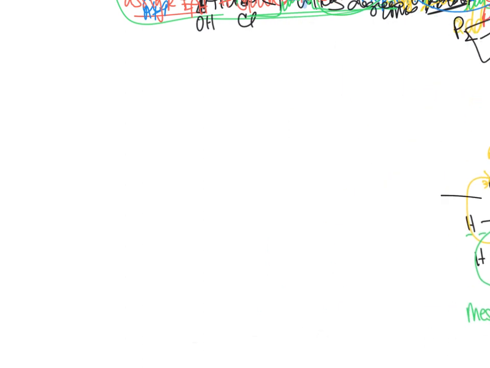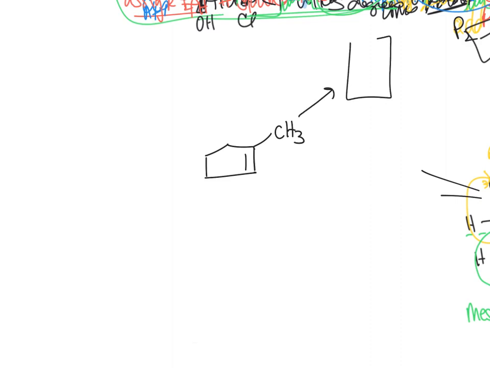Okay, so I'm going to put some reactions up here, and then you can stop this and try to see if you can do it, and then you can check it. But let's look at something like this. What would you use? What would this do? MCPBA.